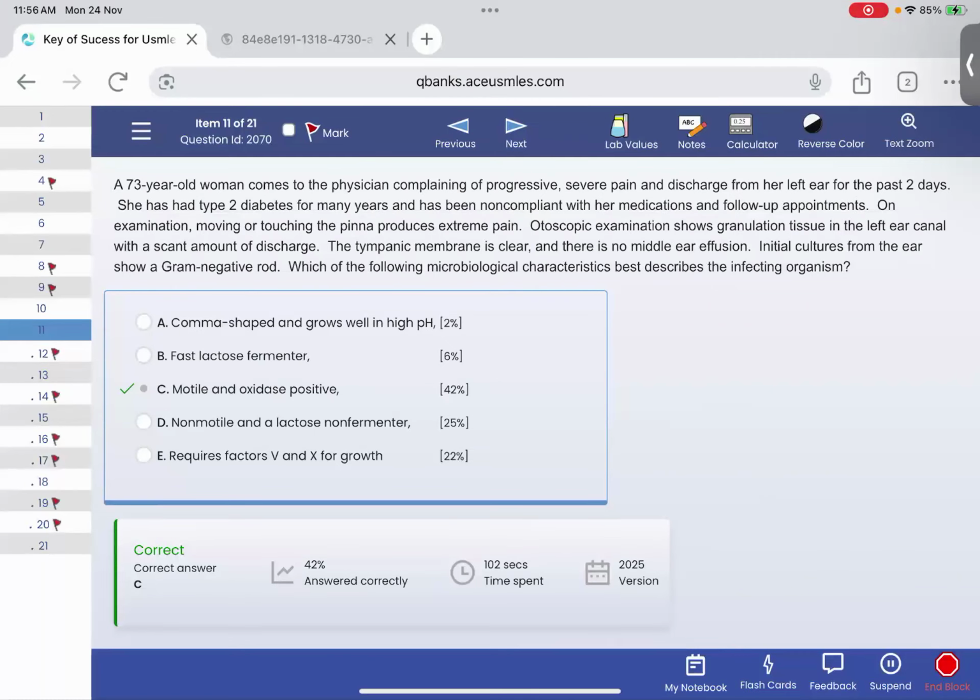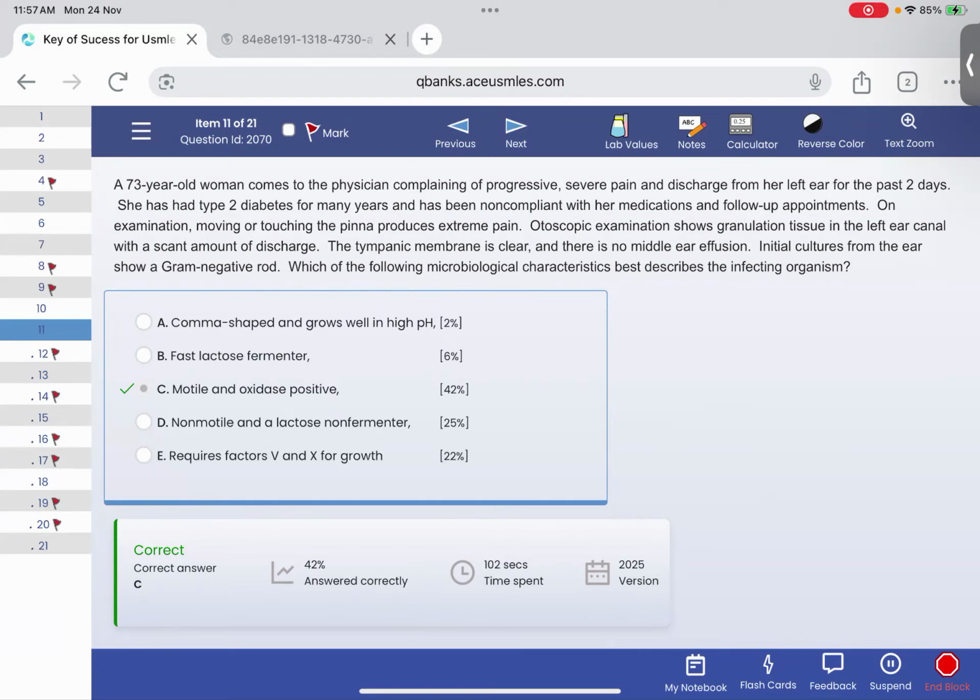Yeah, that's right. Fast lactose fermenters are which ones? Klebsiella, E. coli, and Enterobacter, right? Yeah. Comma shaped and grows well in alkaline pH: Vibrio cholerae, right?